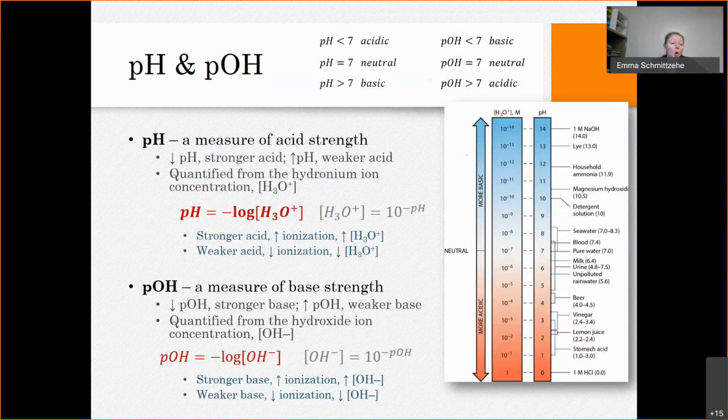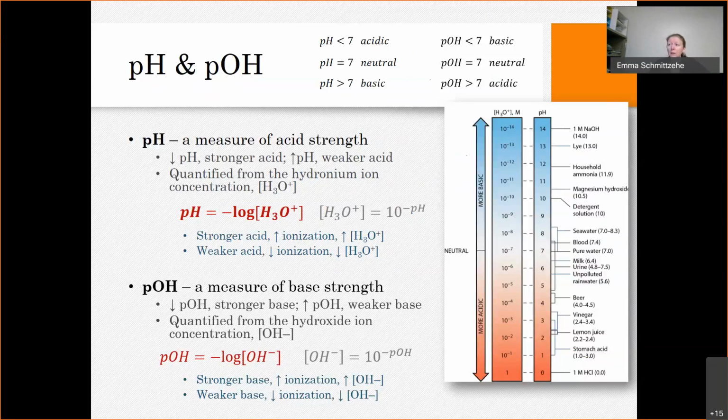Okay, so pOH is the negative log of the hydroxide ion concentration. Just like with pH, where you can quantify hydronium ion concentration by doing 10 to the negative pH, you can do the same with hydroxide ion. You can calculate the hydroxide ion concentration by taking 10 to the negative pOH.